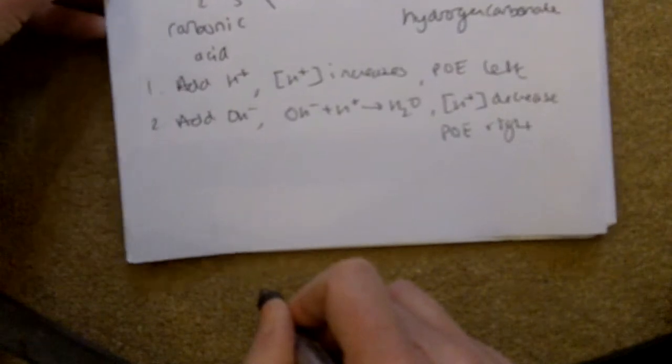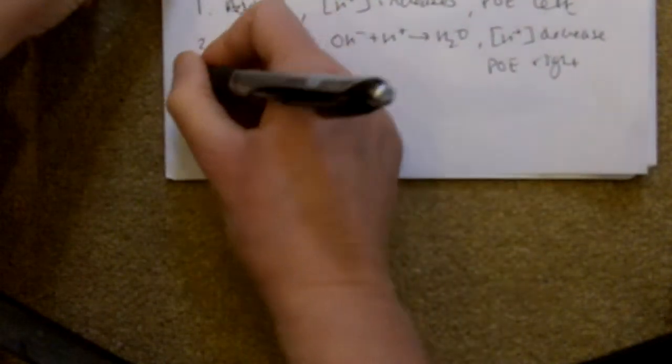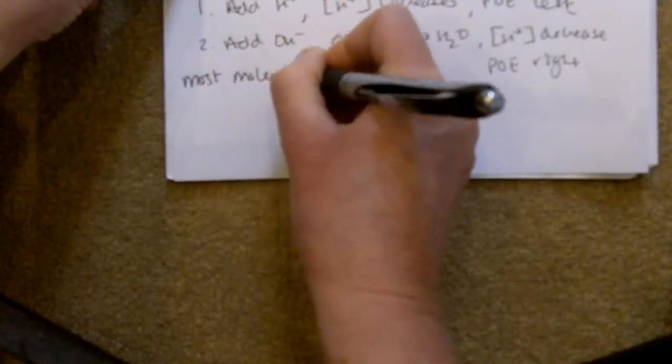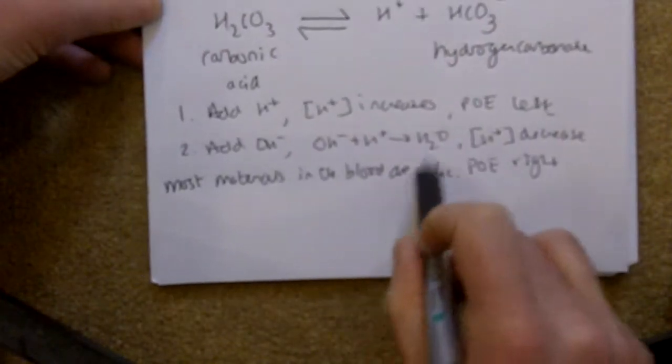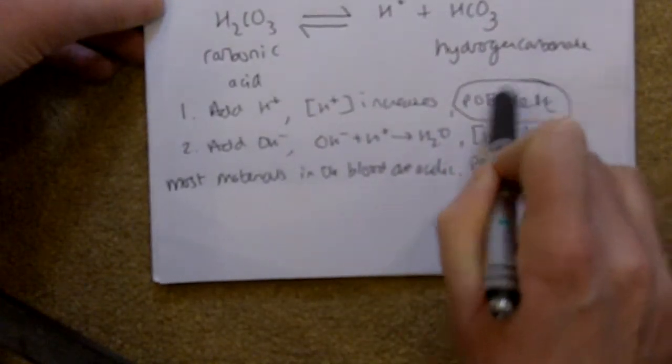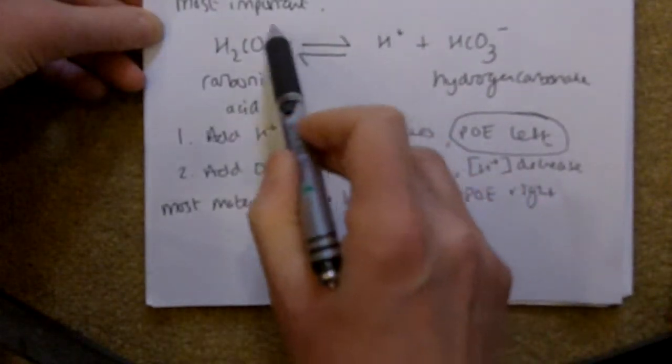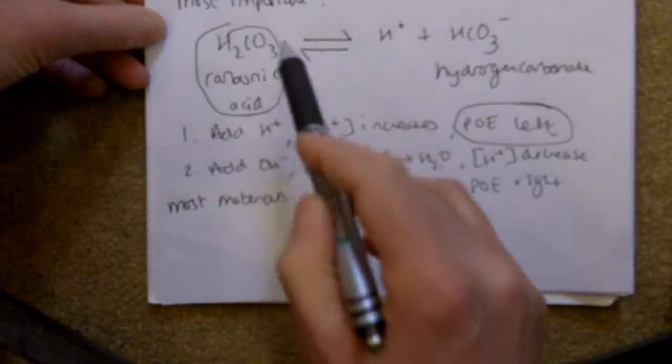Most materials in the blood are acidic, so this is our main issue. That means the position of equilibrium moves to the left, which means we have more carbonic acid.